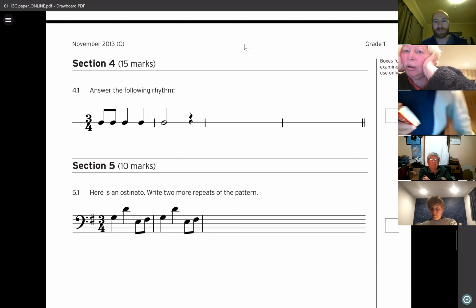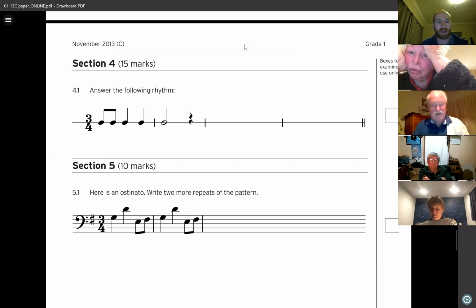Right. So then you have to come up with another rhythm which lasts for 2 beats and has the correct number of beats in the bar. So you might go da da da da da, or something like that.